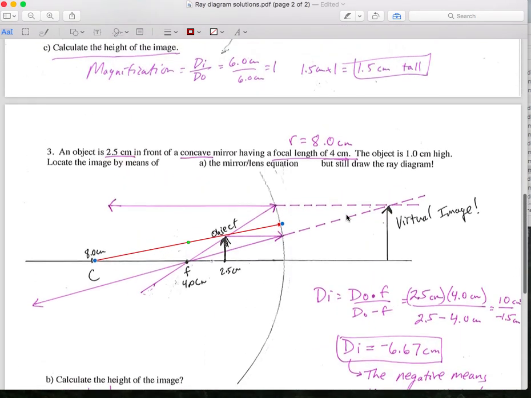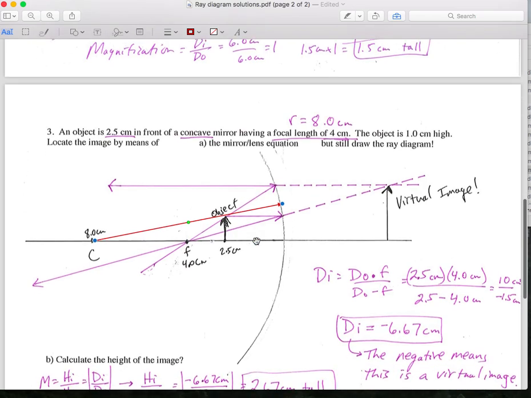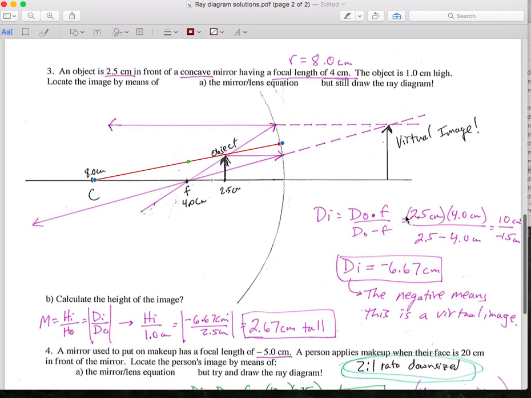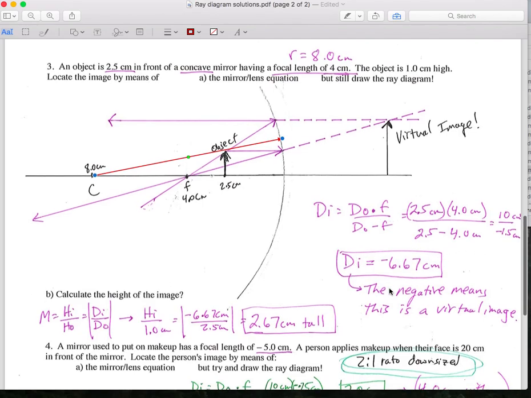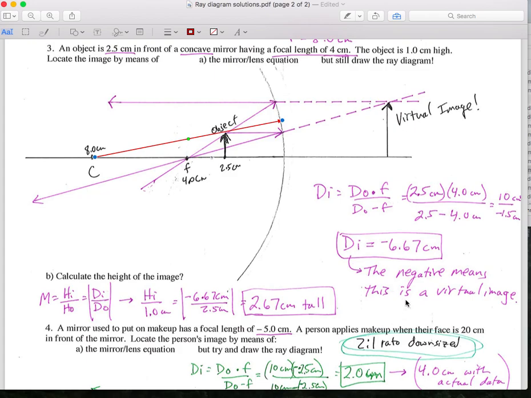Here, to find the location of the image with the equation, we use the algebraically rearranged version of the lens mirror equation again, 2.5 times 4 over 2.5 minus 4, I get 10 over negative 1.5. My image distance is negative 6.67 centimeters. That tells me that's a virtual image if my image distance is negative.